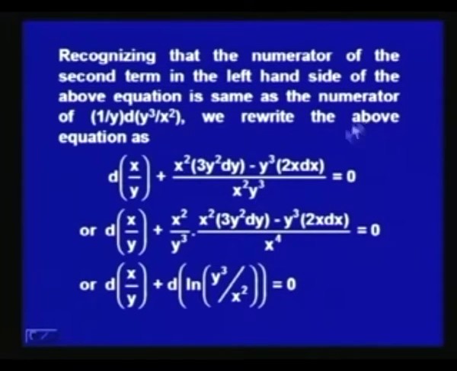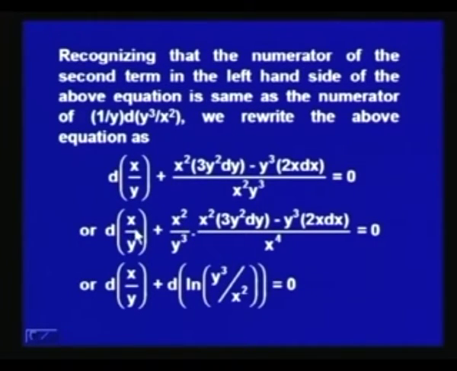What we do is we rewrite the above equation as differential of x over y plus x square into (3y square dy minus y cube into 2x dx) over x square y cube equal to 0, and then we multiply by x square in the numerator and denominator.